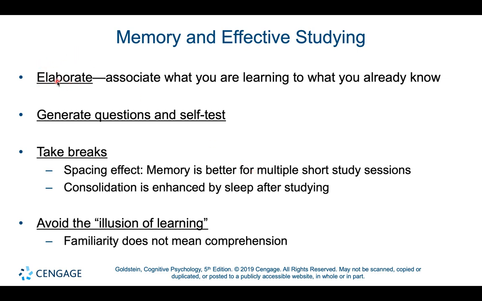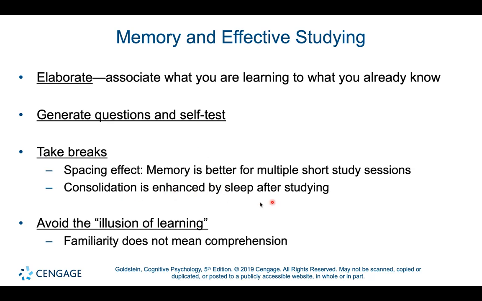Well, first, you should elaborate on information, associate it with yourself, associate it with something you've learned before, something you already know, something that's important to you. Elaborate the information. Generate your own questions, make note cards, make your own multiple choice questions, and then test yourself.